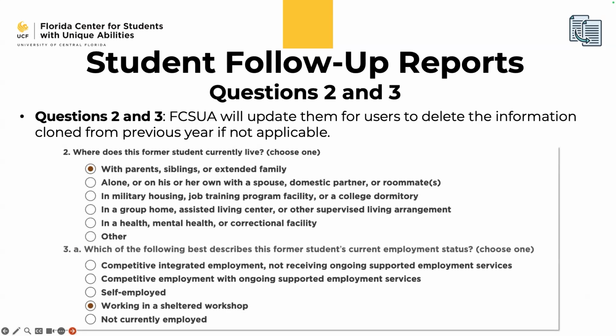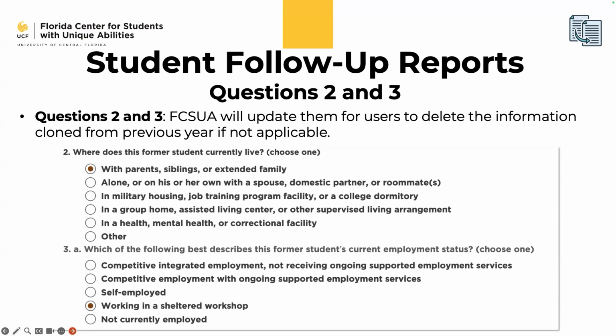So this is one that we had some comments from you, and it's actually changing very soon because, as I mentioned, let's say that you are completing a follow-up report and you were not able to reach the student. We want you to clean up that form if you decided to clone it.